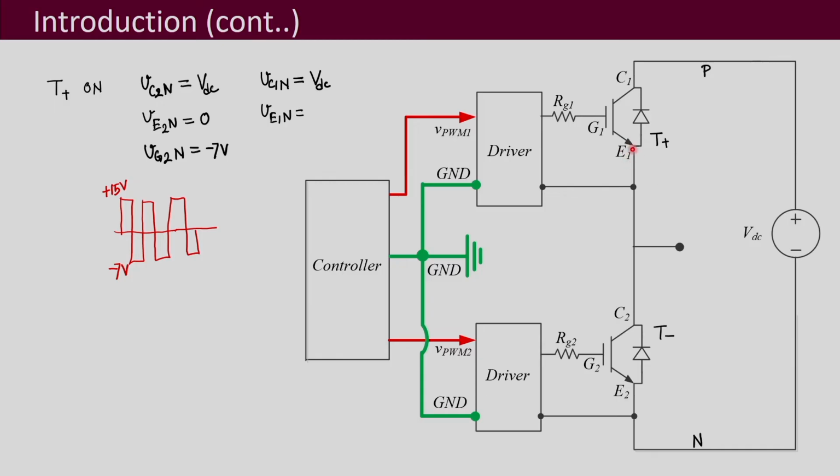This emitter's potential with respect to this bus N, that is your VE1N. So, that is equal to VDC because we assume this is on and so this is shorted.